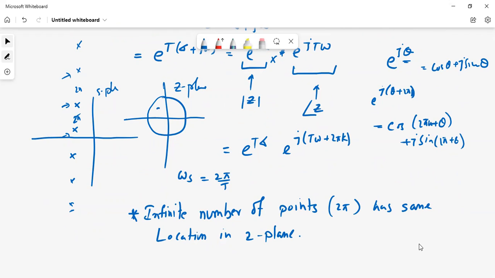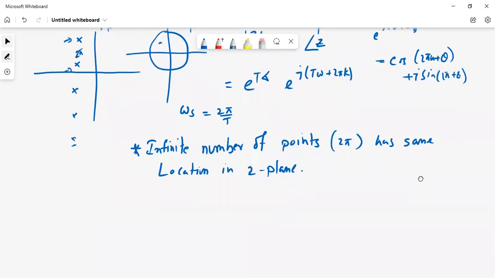Okay, now from the magnitude perspective, we know that the magnitude of Z is e to the power of t sigma. We know that in the S plane, sigma equals 0 on the j omega axis.